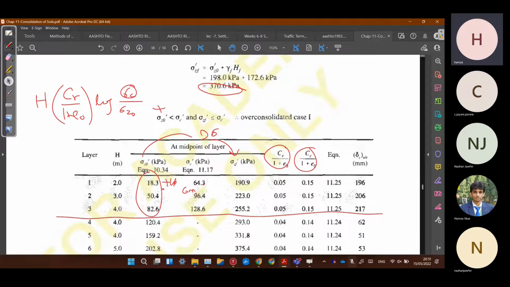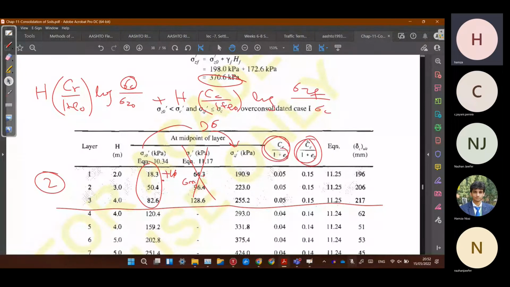That is why we calculate it only in case 2 of consolidation, not in case 1, the normally consolidated. We do not need this column. Plus h times cc over 1 plus e naught times log of sigma zf over sigma c. Just use this equation, plug in the values cr and cc, and calculate the settlement.